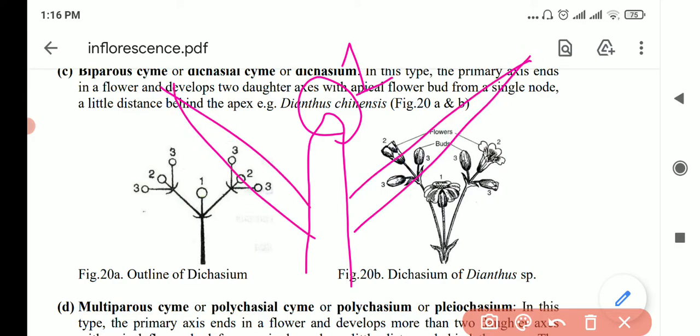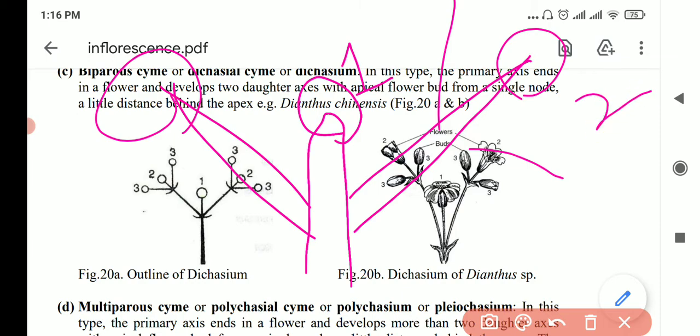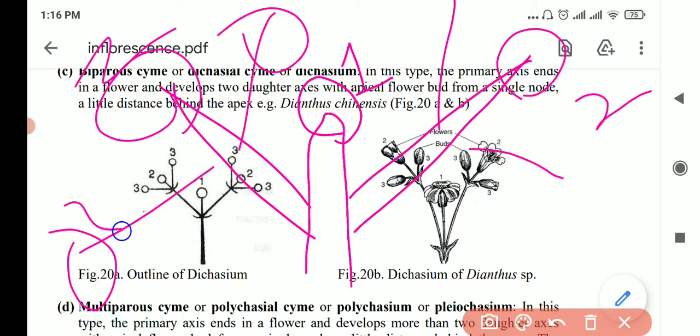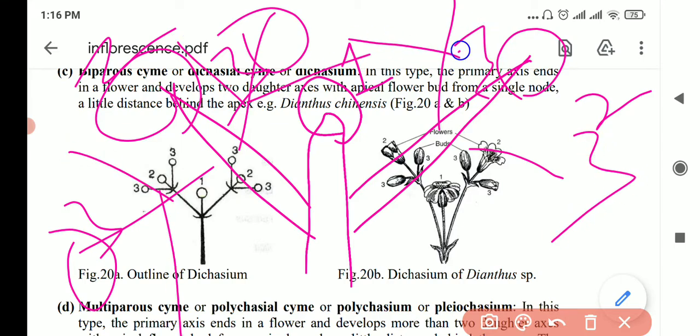Remember, in scorpioid and helicoid we only branch in one place, either this way or this way. But here we are branching in both. So if this is your first flower, these two are your second. Then from these two, they will branch again in 2 ways, and these will be your third flowers, and so on and so forth.